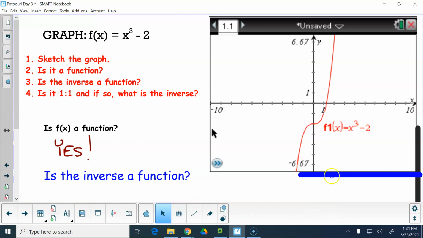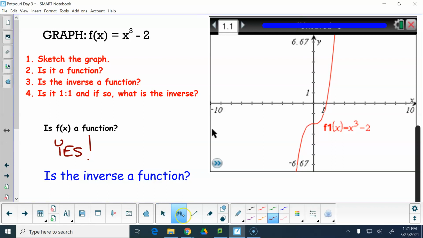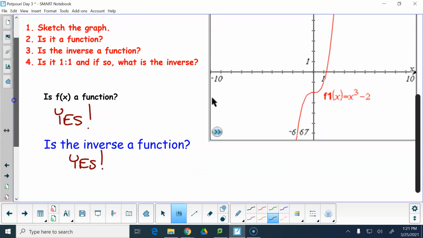Let's check it using our horizontal line. Scanning, 1, 1, 1, 1, 1, looks like 1. Yep. So that means it's 1 to 1.